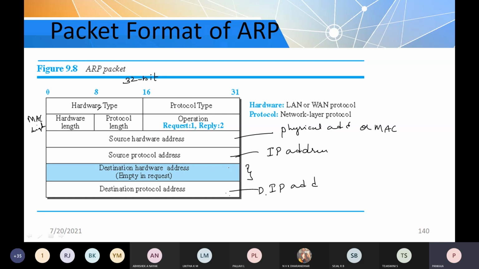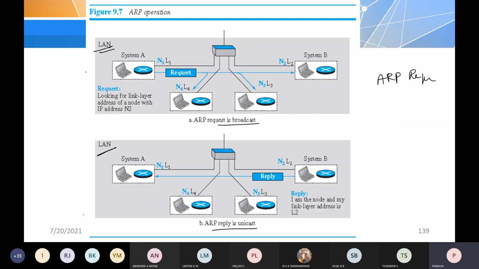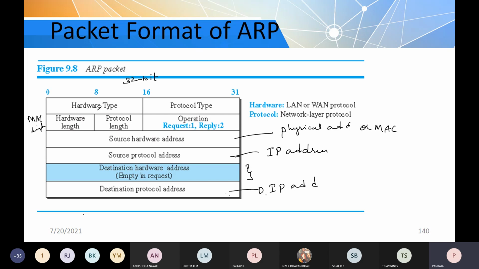So you can go through this packet format. If you have any doubt, you can ask me, because I have already discussed how ARP works in terms of packets. If you understood this, it is not going to be difficult. And you cannot change the format. It is a standard one. You need to represent it as it is.